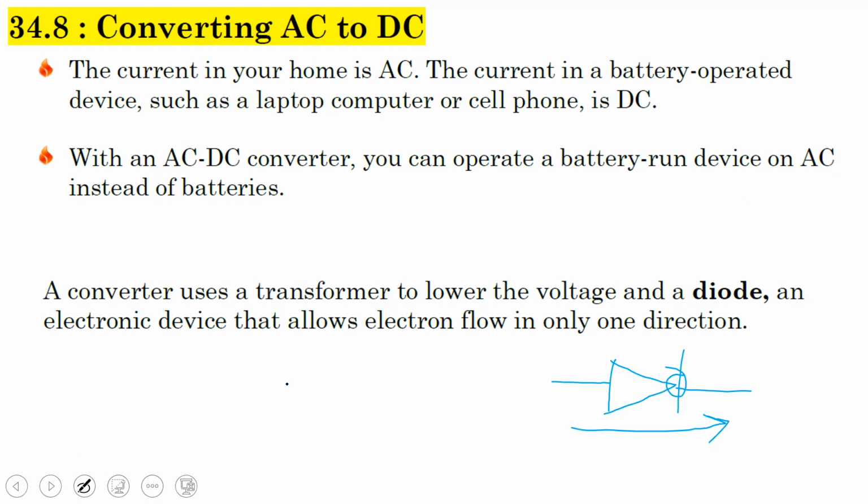If they are putting it like this, that means the current will flow to the left. So to convert an AC to DC, I need two things: the transformer to lower the voltage, and the diode to make like a street, to allow the electrons to flow in one direction.